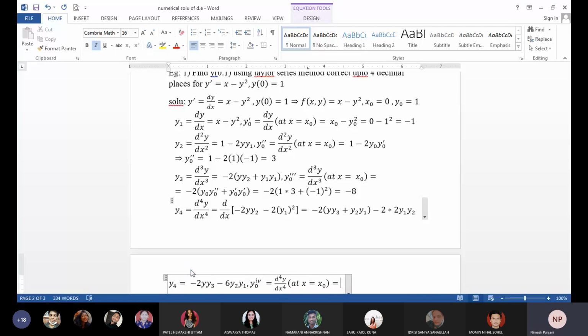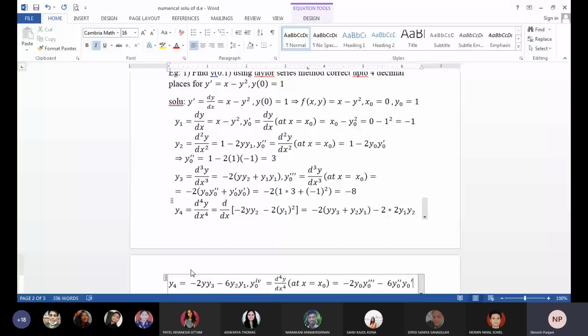So what we will get is -2 y0 into y0 triple dash, -6 times y0 double dash into y0 dash.